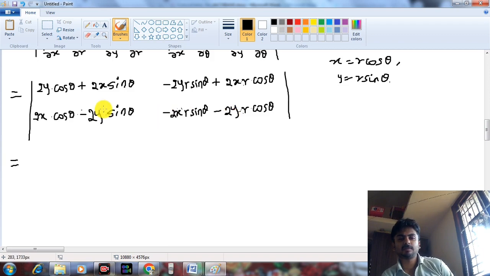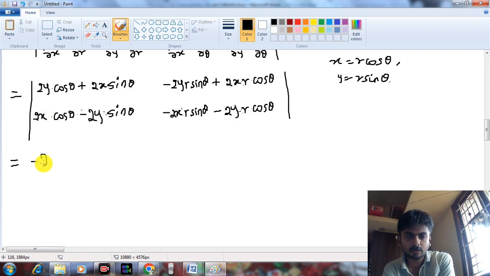That is how we are going to do this multiplication. So minus 2xy r cos theta, the determinant will be minus 2 into 2, it will be 4. So minus 4.